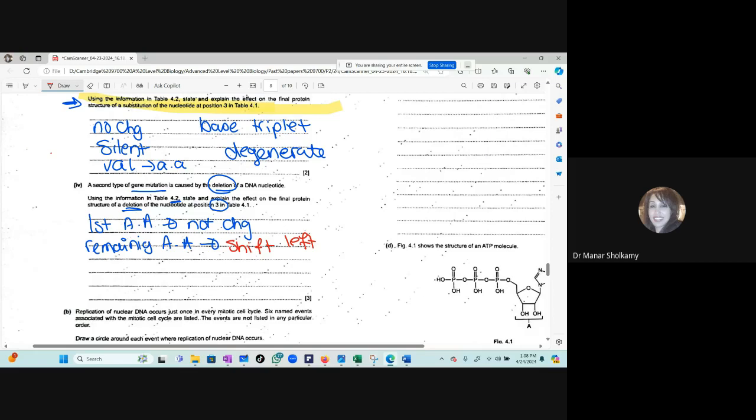Draw a circle around each event where replication of nuclear DNA occurs. Nuclear DNA, where does it take place? In which one of those?